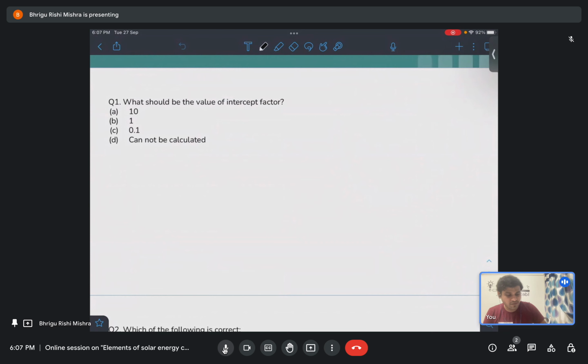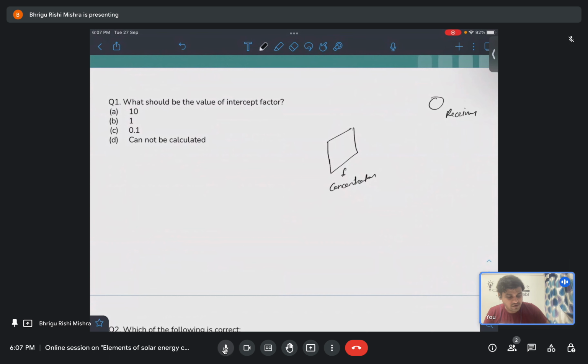Okay, so in simple language, I have a mirror here and suppose I have a receiver here. So this is the concentrator and this is the receiver. This is nothing but a mirror or lens.